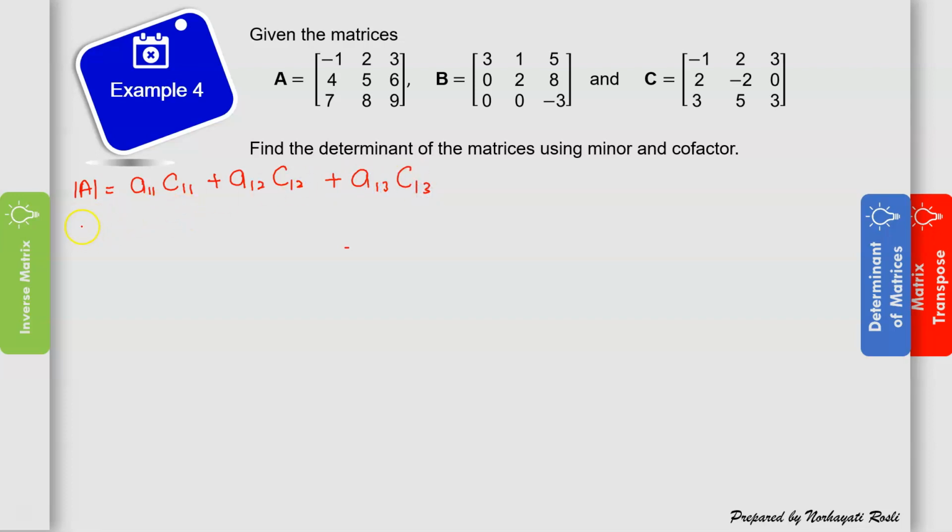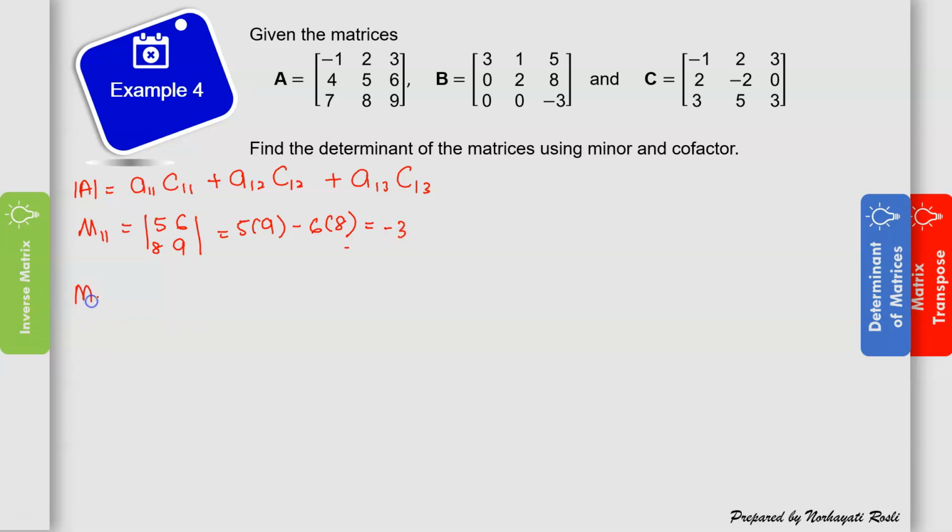In this case, I need to find M11 first. M11 equals the determinant of 5, 6, 8, 9, which is 5 times 9 minus 6 times 8. We get the answer negative 3.